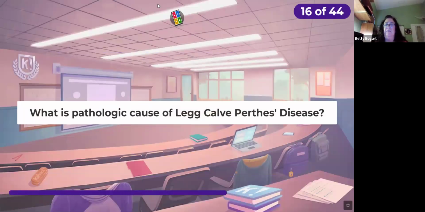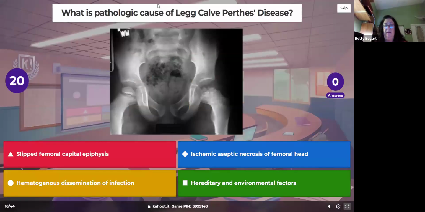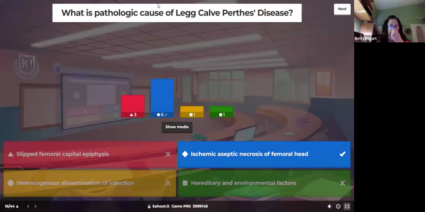What is the pathologic cause of Legg-Calvé-Perthes disease? Can you see that right hip? Can you see the head of the femur, what it looks like? That's called necrosis. It should be a nice, delineated edge, not fuzzy like that. When you see fuzzy, that's an infection.